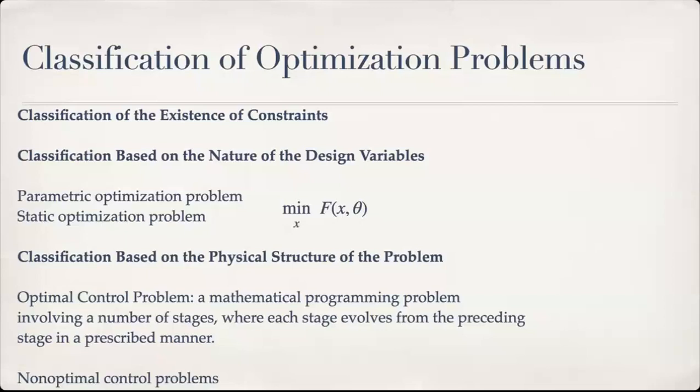If we don't have constraints, it's very easy to solve. We call such a problem an unconstrained optimization problem.